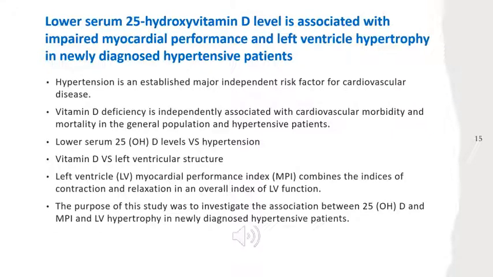Lower serum 25-hydroxy-vitamin D levels are associated with a higher prevalence of hypertension. Moreover, vitamin D suppresses the renin-angiotensin-aldosterone system, which has an effect on blood pressure. Vitamin D receptors are found in many cells of the cardiovascular system.